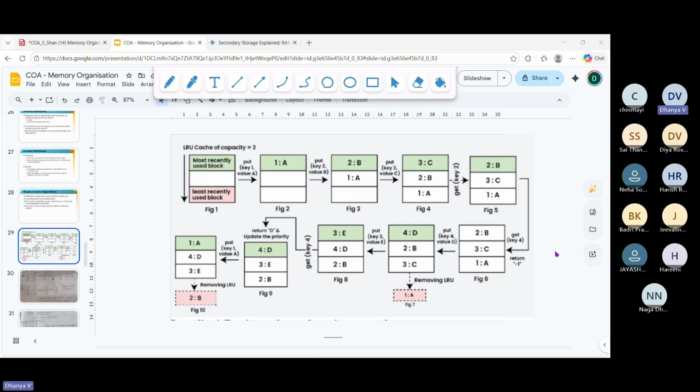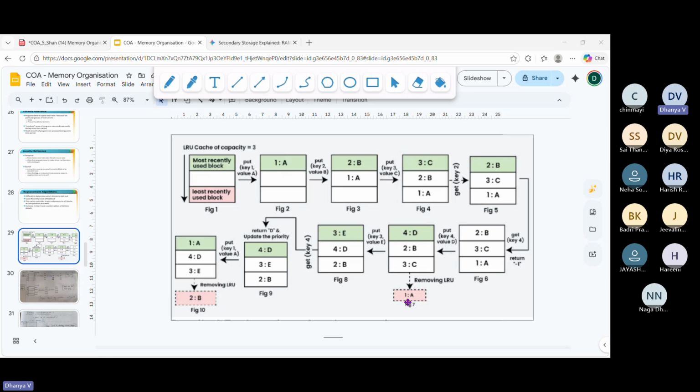Now let's say get key 4. Key 4 is not even here, so you have to add 4. Your cache is full now since your capacity is just 3. So 4 will get added at the top, as your most recently used block, and then 1 will be kicked out.